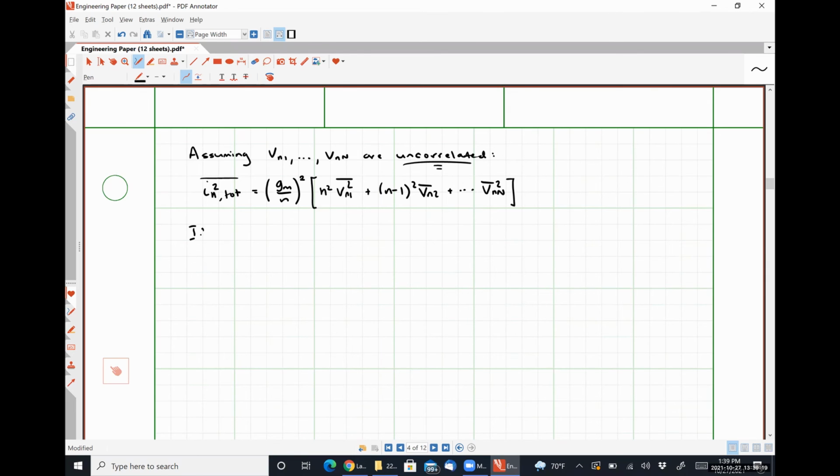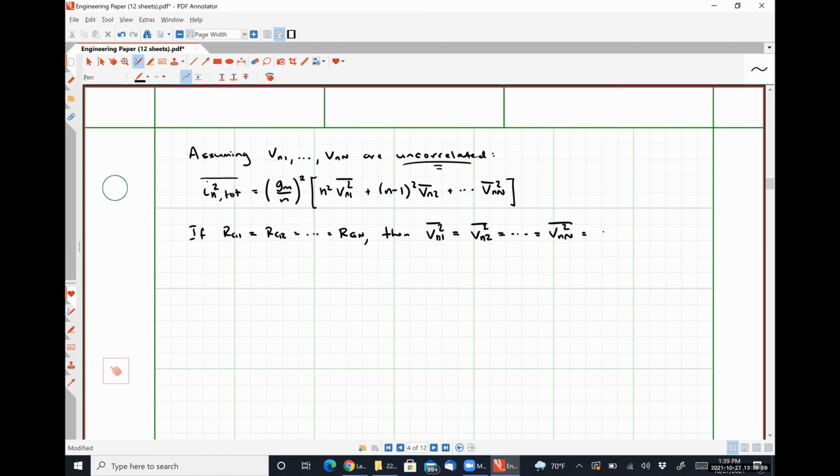So if Rg1 is equal to Rg2 is equal to Rg sub n, then Vn1 squared has to be equal to Vn2 squared has to be equal to Vnn squared.